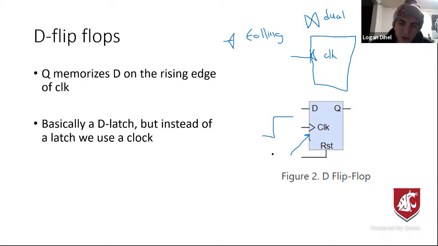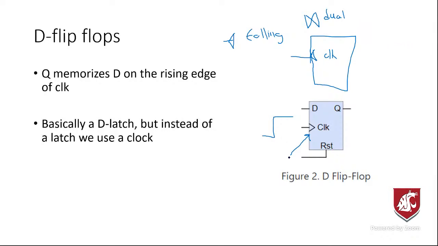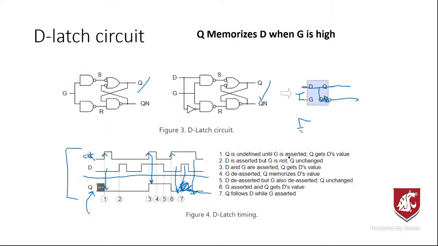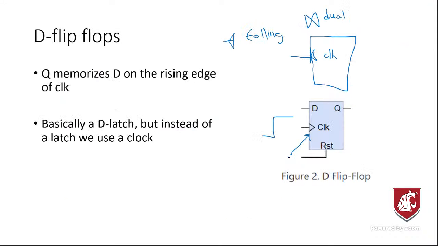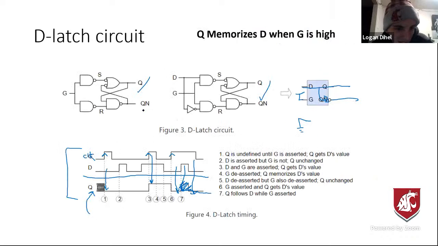Yeah, otherwise it would be really tiny blips for Q in that case, like at 0.1 and then at 0.3 for the previous graph. It's going to memorize it and then hold it high. Pretend this top one is the clock. It memorizes what D is.